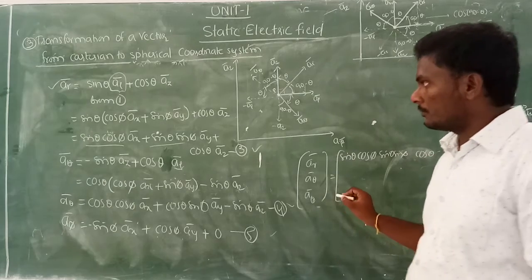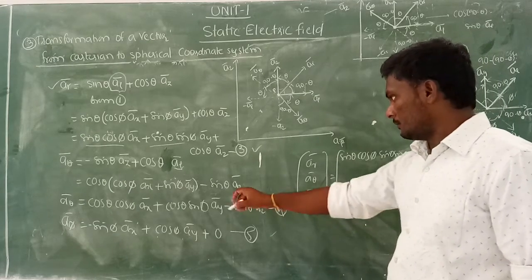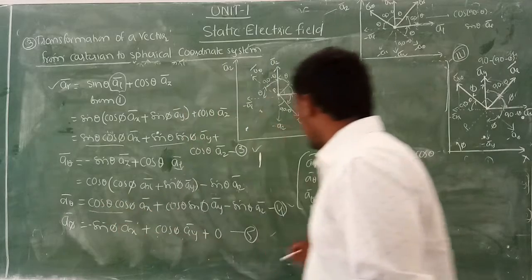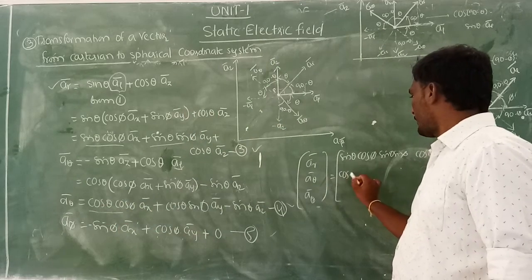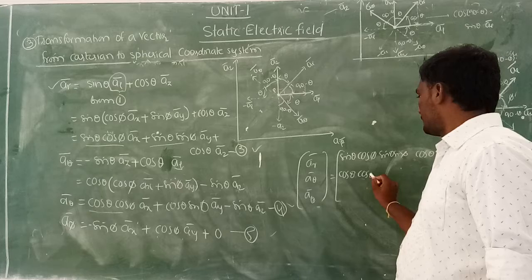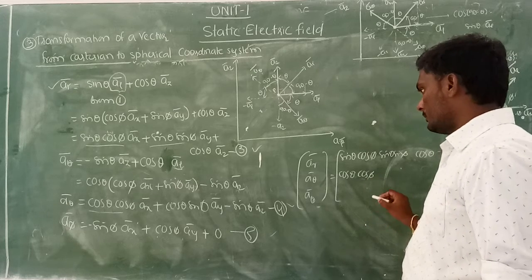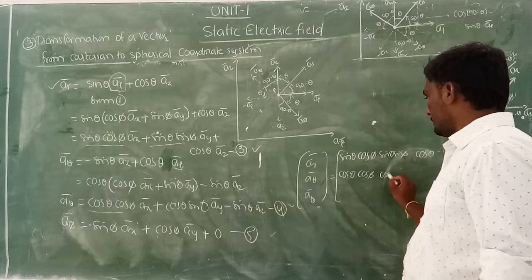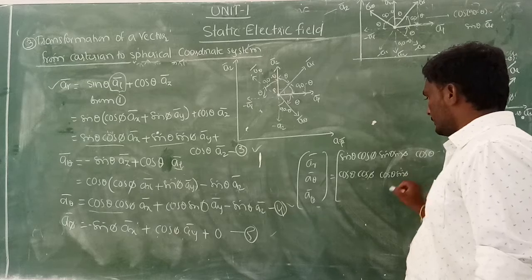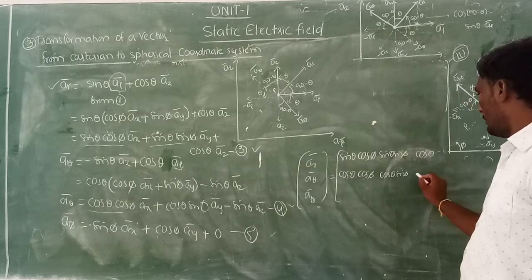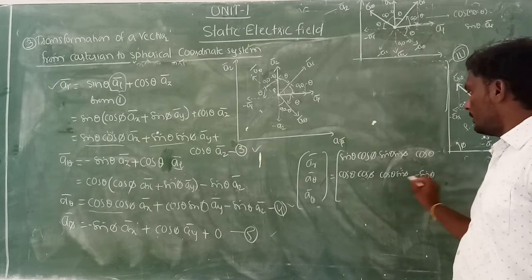And this row: cos theta cos phi, cos theta sin phi, minus sin theta.